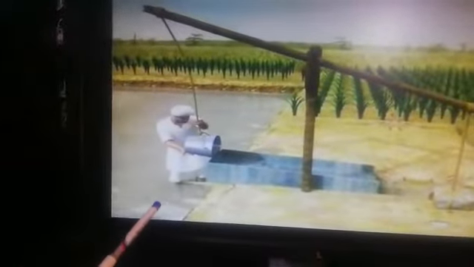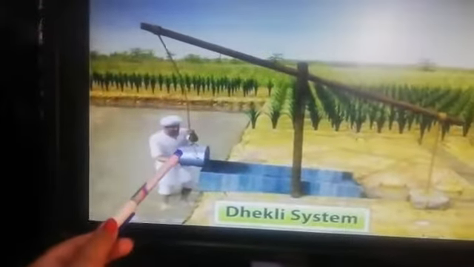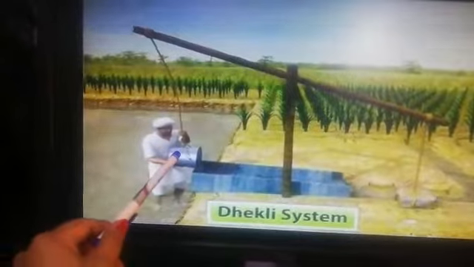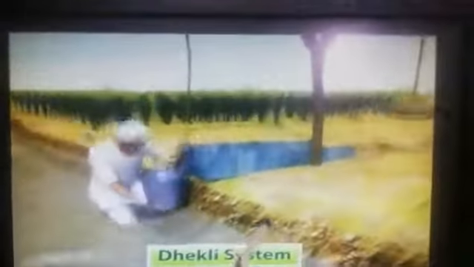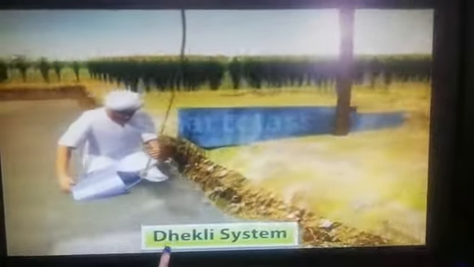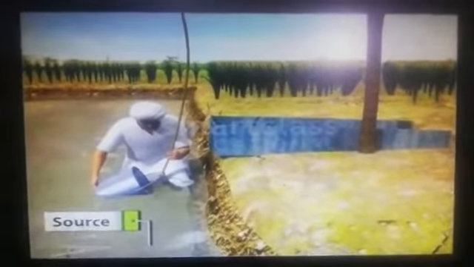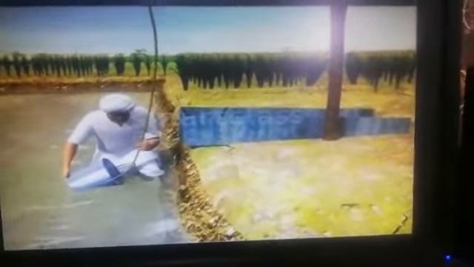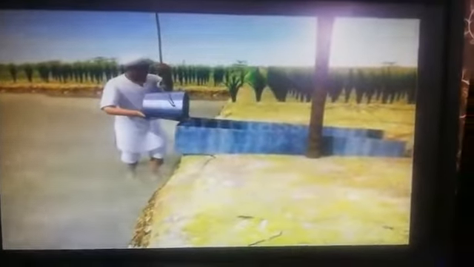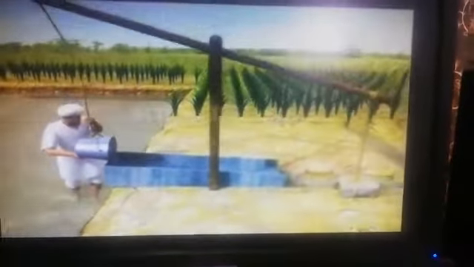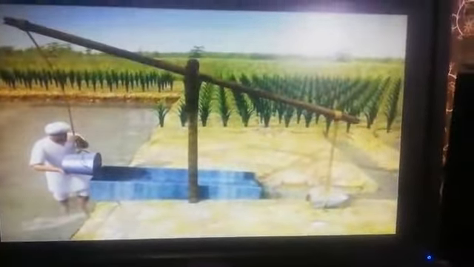You can see the man fills water into the bucket, and it is called dhelki system. A man is the source, he is working in the system, and this system is also not useful for irrigation. You can see that it's a very old and traditional method.